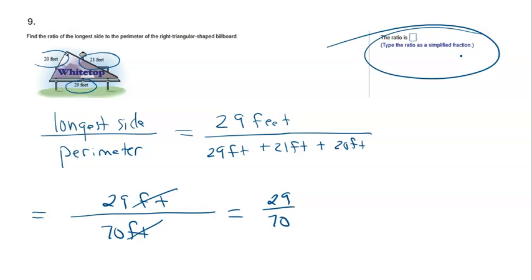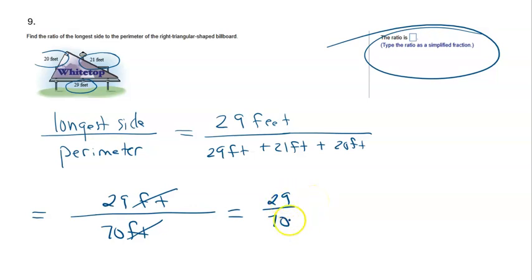Now here's the question. Do 29 and 70 have any common factors? Can I divide 29 by a number and 70 by the same number to reduce this fraction or simplify this fraction? And the fact is I can't. 29 is a prime number, okay? And 29 does not go into 70. So when I say 29 is a prime number, that means the only divisors of 29 are 1 and 29.